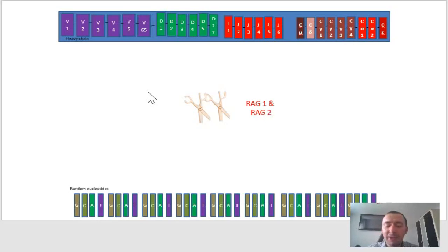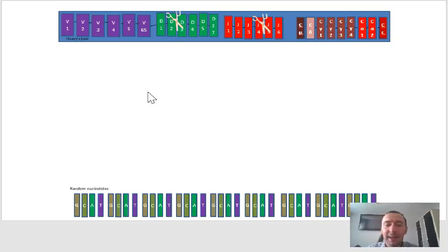So RAG1 and RAG2 start off the somatic recombination process by selecting a region of D and J. Okay, like this. Okay, so in this case, the cells decided to cut after D2 and cut after J4.